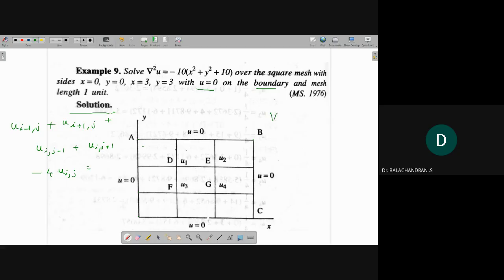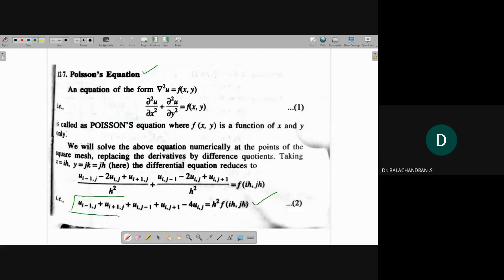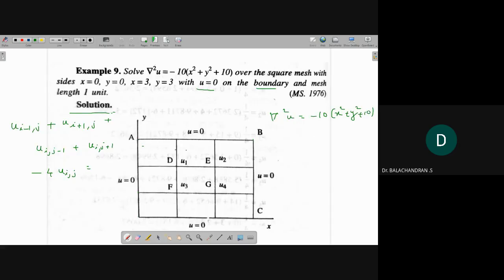So here del square u equal to what? Minus 10 into (x square plus y square plus 10). It is given in the question. But in this formula the right hand side is h square into f of (ih, jh). We know that h is equal to 1, the mesh length is 1.